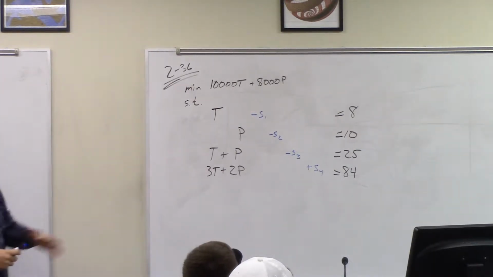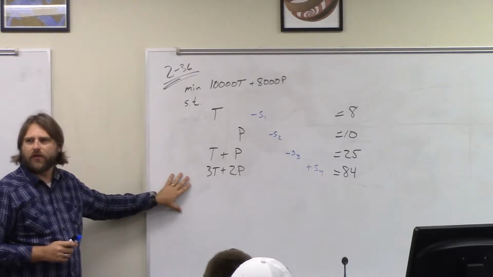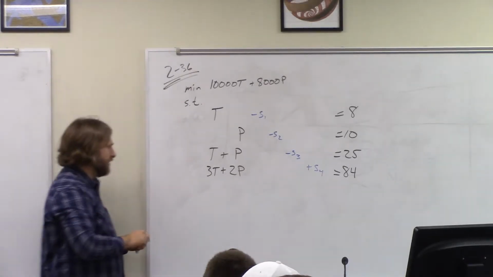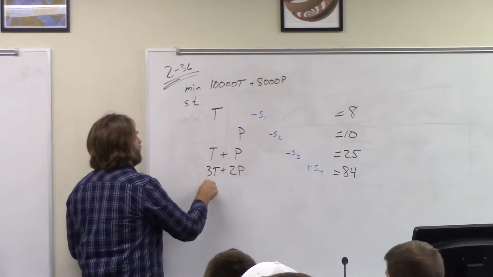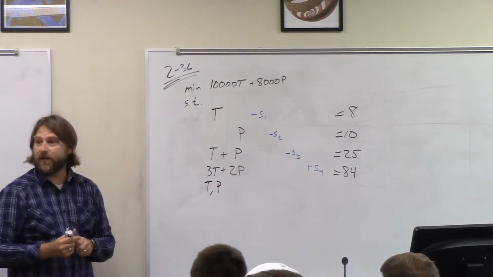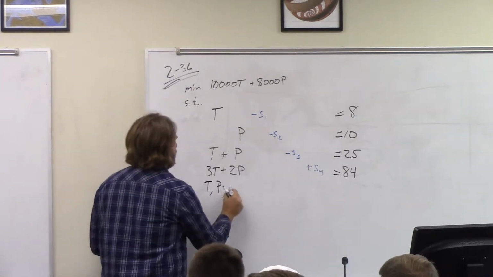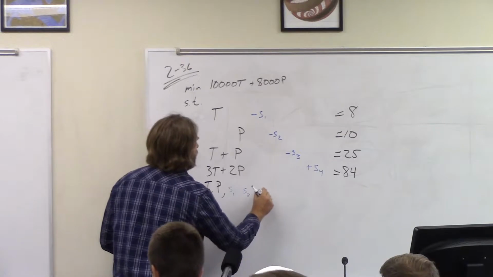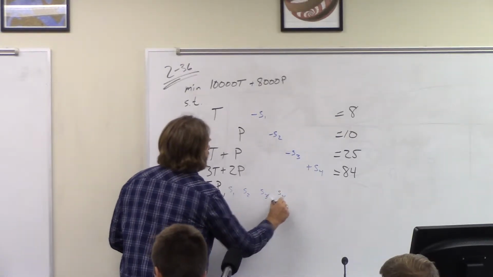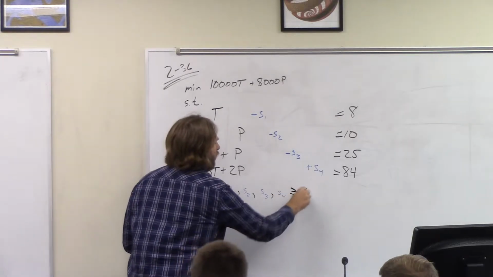Okay. What have I left off of this equation? Our logical constraints. So let's put those in. T and P. And now we're going to add our surplus and slack variables here. So S1, S2, S3, and S4. Okay?